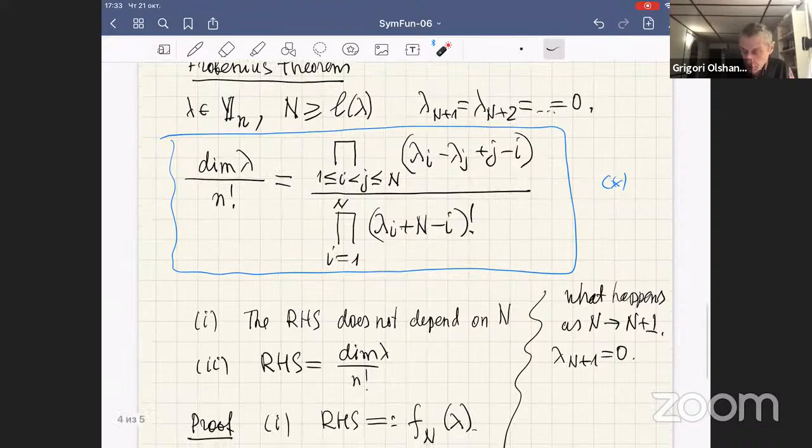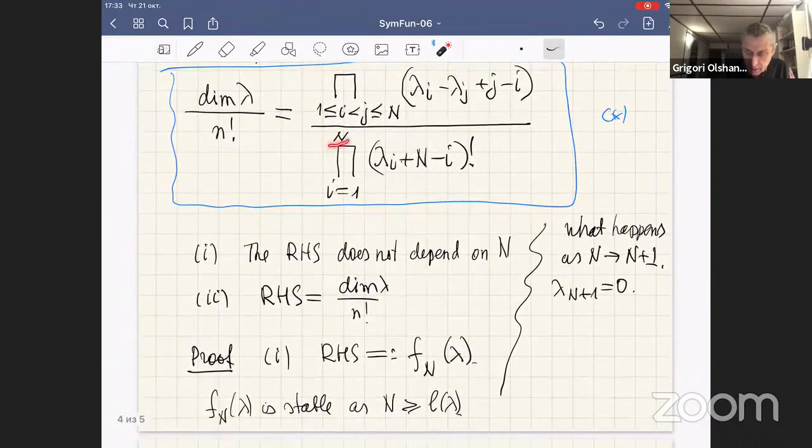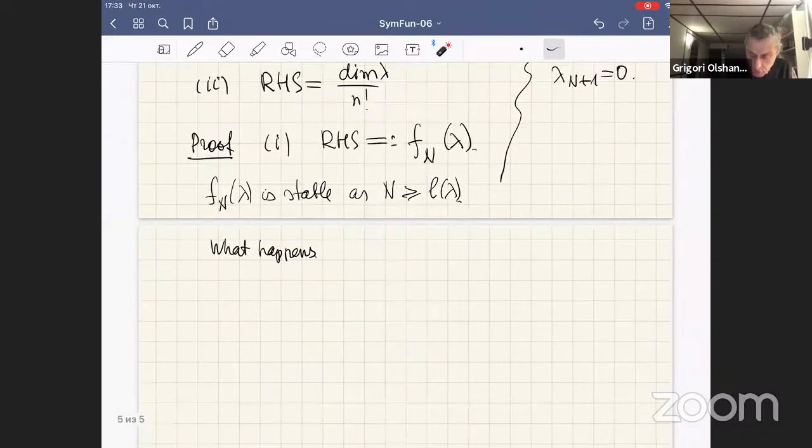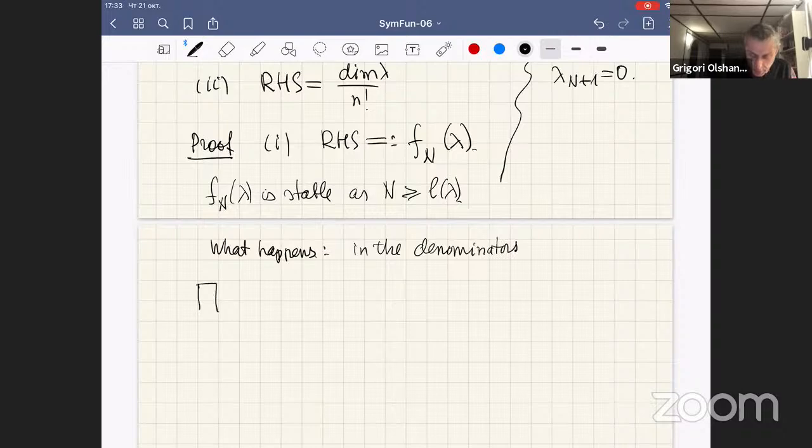Indeed, capital N is replaced by n plus 1. In the denominator, the product is transformed to this one.